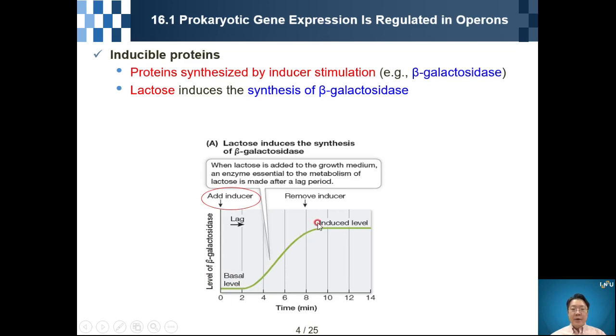After we remove the inducer, the beta-galactosidase level is maintained like this. The important thing is that the lactose inducer induces the synthesis of beta-galactosidase, so beta-galactosidase is an inducible protein.